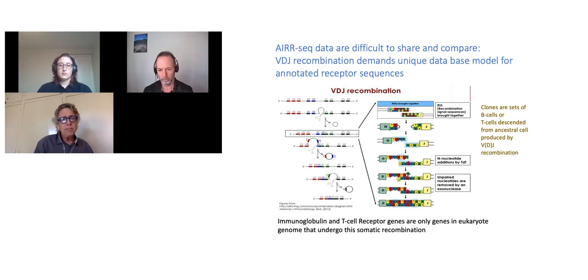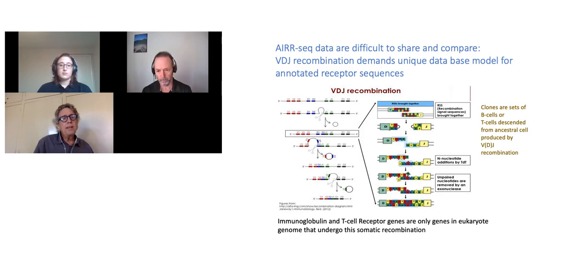And this molecular mechanism is unique in all of eukaryote genomes, unique to the immunoglobulin genes producing antibodies and the T cell receptor genes producing T cell receptors. It's called VDJ recombination. The first step in producing these hugely diverse repertoires is that you have sets of V genes, D genes, and J genes in the germline on the chromosomes.